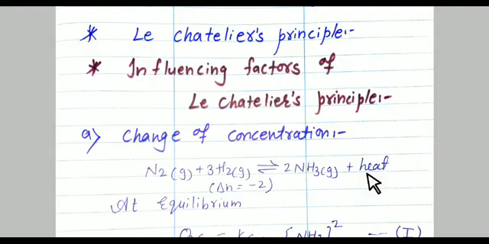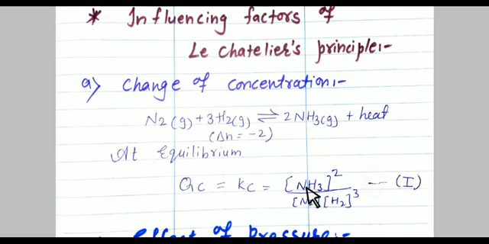In this reaction, a catalyst is used. All of you know what a catalyst is: it increases the rate of reaction. So you can use iron as a catalyst in this reaction. Now, when we apply the formula for Kc for this reaction, as we have already done in the previous example, at equilibrium Qc is equal to Kc.